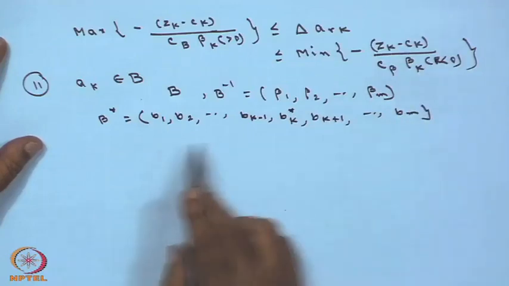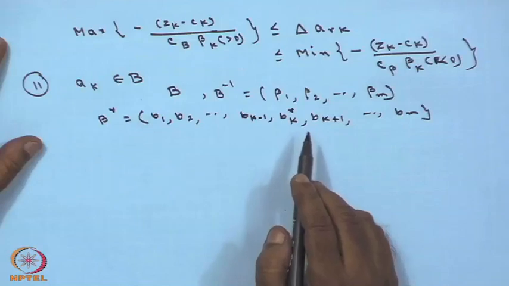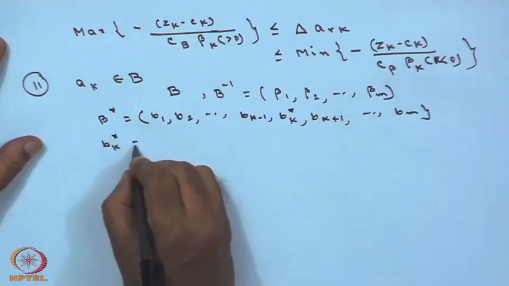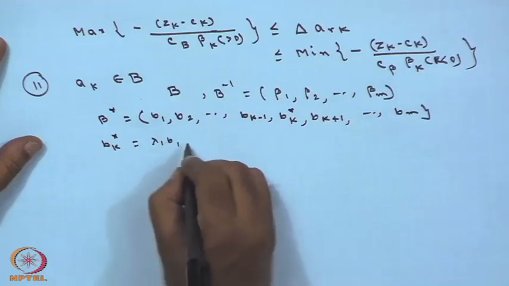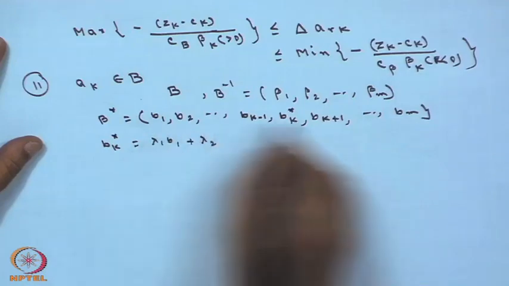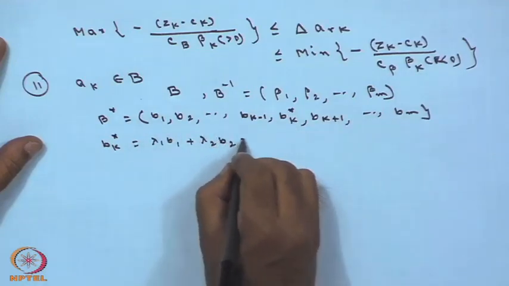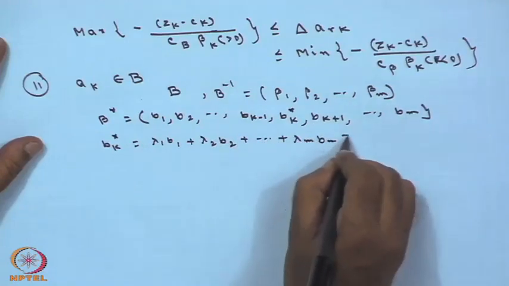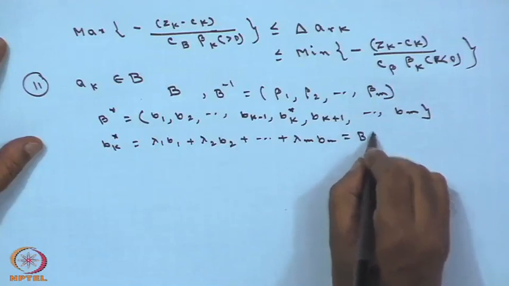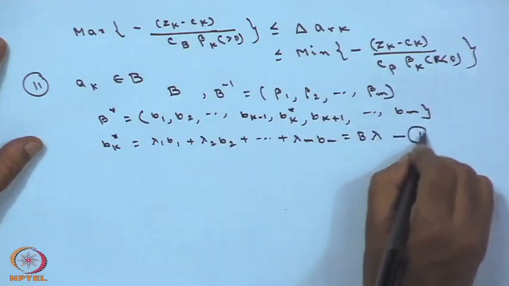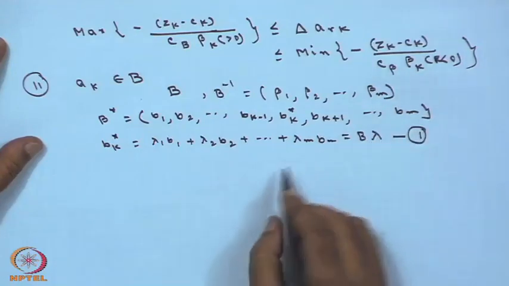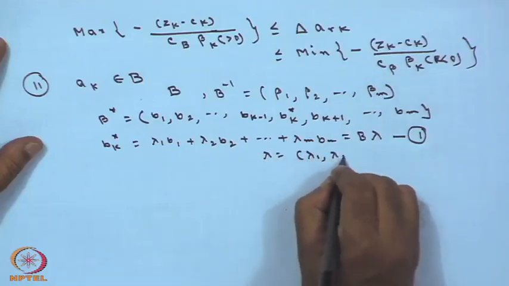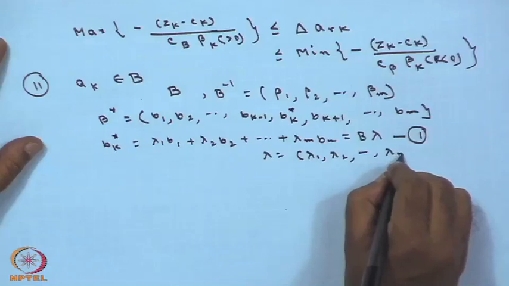So, this vector B k star, I can write as a linear combination of the other vectors, lambda 1 B 1 plus lambda 2 B 2 like this way, lambda m into B m, which I am denoting as B lambda, and say this is equation 1, where lambda is the vector lambda 1, lambda 2, like this way lambda m.